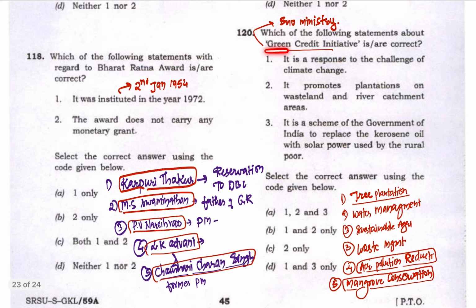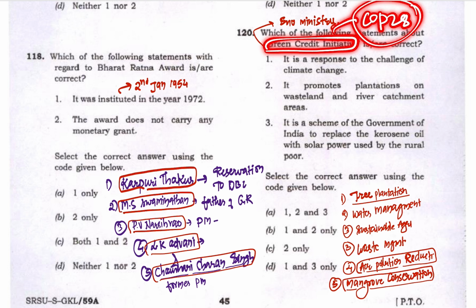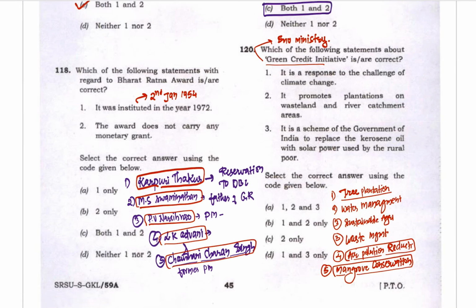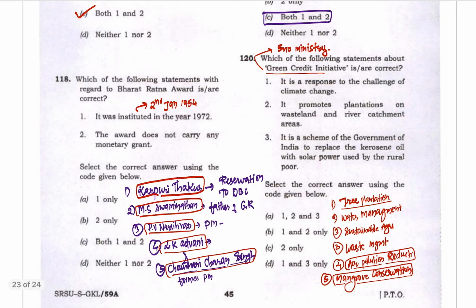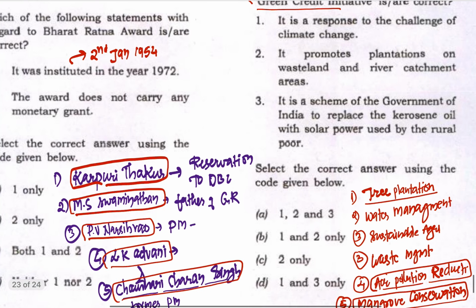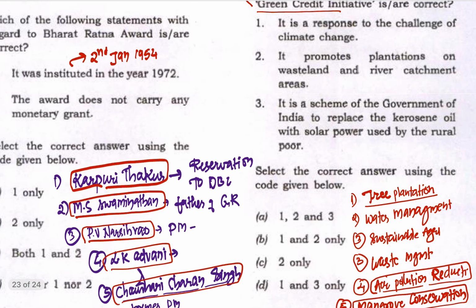Now, the Green Credit Initiative was launched at COP28 in Dubai by the Indian Prime Minister. What is the Green Credit Initiative? What does it do? It was an initiative under the Environment Ministry, right? It is a response to climate change. That is correct. It promotes plantation on wasteland and river catchment areas.